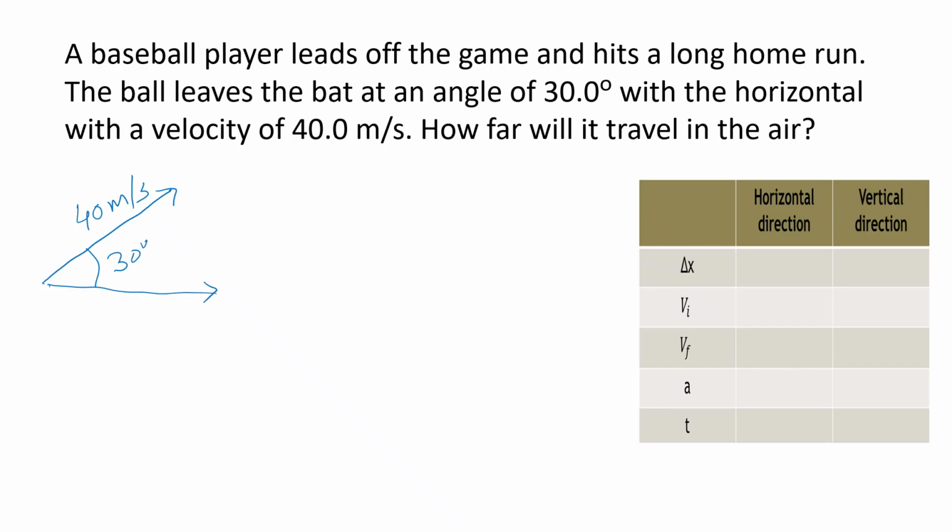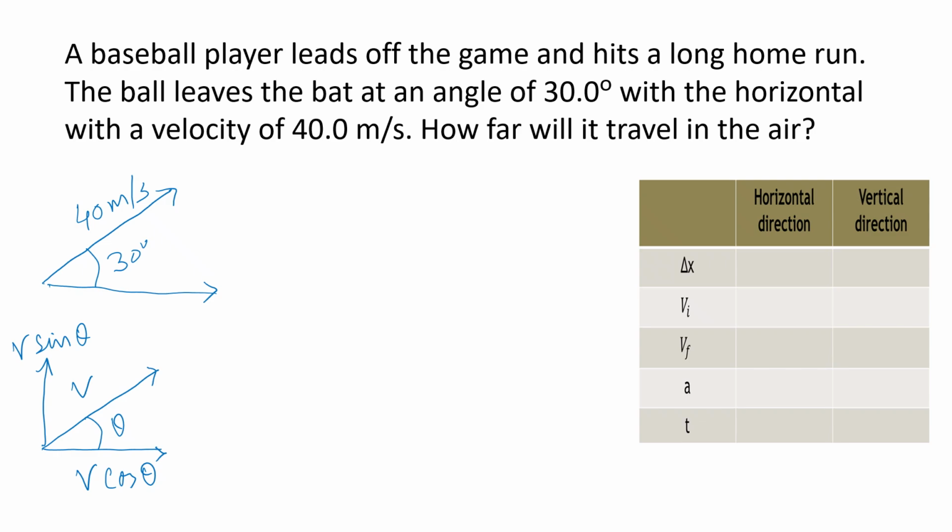So for any velocity which is making an angle with the horizontal, remember, we can split up the velocity, or we can resolve the velocity into two components. One is the horizontal component, the other one is the vertical component of the velocity. Horizontal component is indicated by v cosine theta, vertical component is indicated by v sine theta.